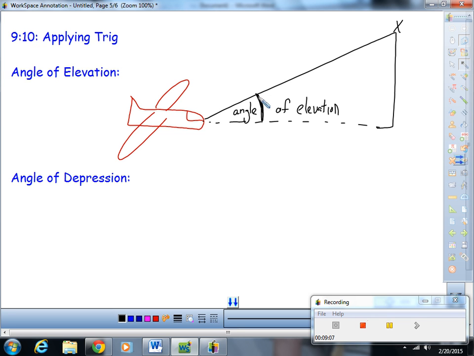Now, the angle of depression is, students are more likely to get it wrong. So let's say we're in a ship now. A pirate ship. And in our sonar, we spot a pirate submarine. Oh man, submarine.